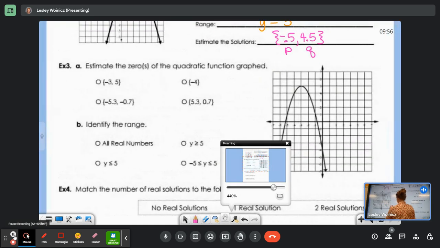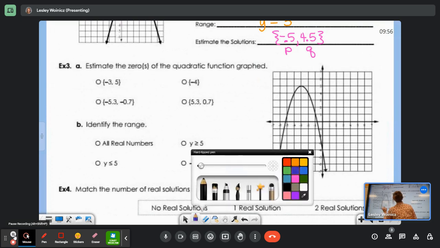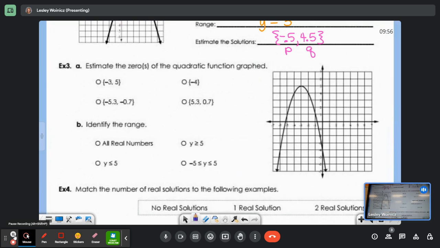For number 3, we have to estimate the zeros. So we're looking for the P and the Q. We're looking for these 2 points right there and there. They're both negative, so it's not this one. It looks like between -5 and -6 and almost -1.